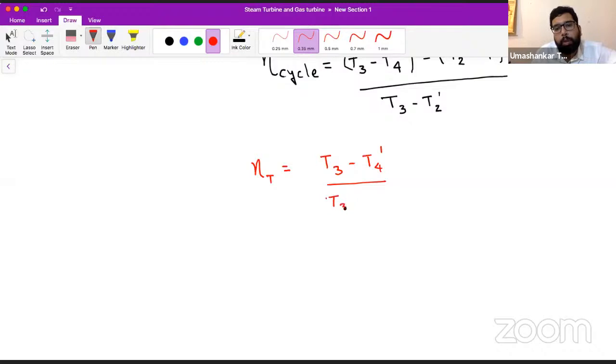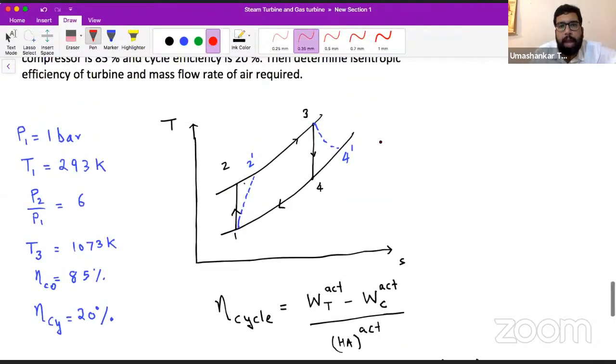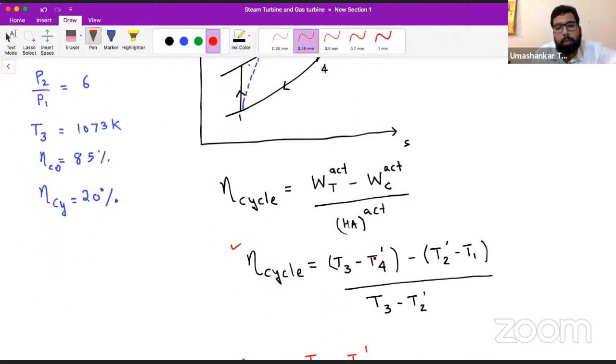To obtain this, you have to find T4 and T4 dash. So let's first do that. To find T4 and T4 dash, we use this equation because T4 dash is here. Yes or no?